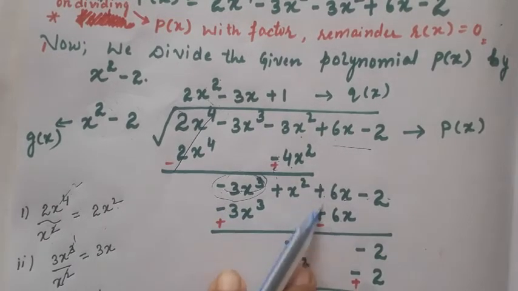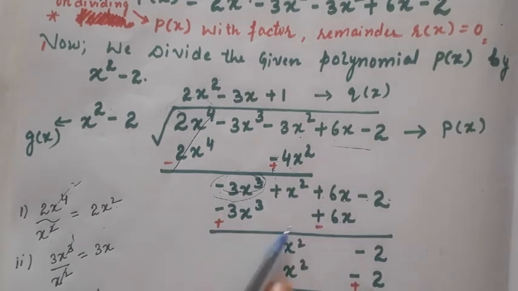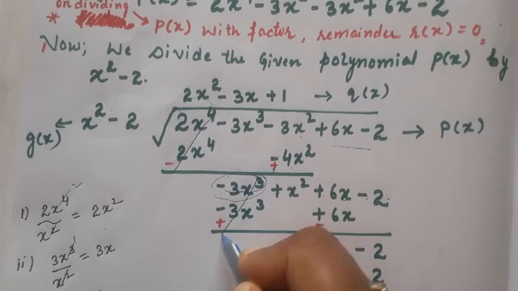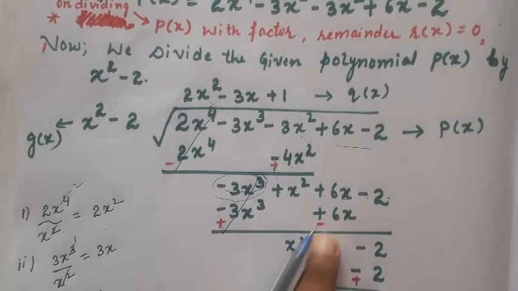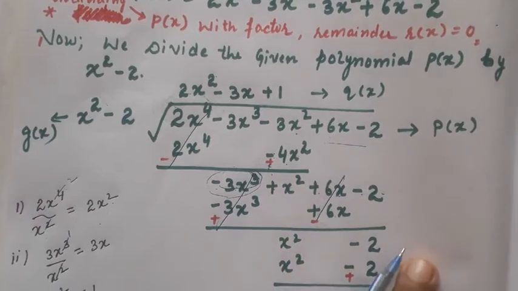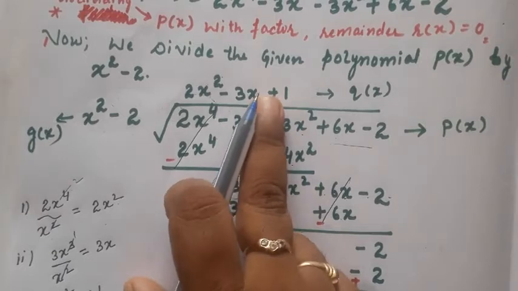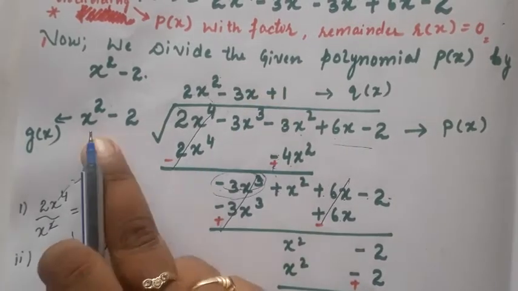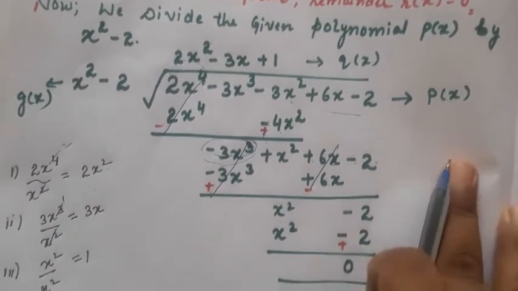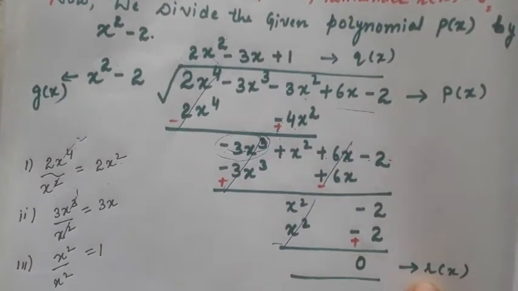I will write down the same literals. Afterwards as the sign will change, this will again cancel out, and I am left with this thing, it will also cancel out, and I am left with plus x square minus 2. So this is already same, so I need to multiply with only 1, plus x square minus 2. The sign will change, and I'll get the remainder equal to 0.